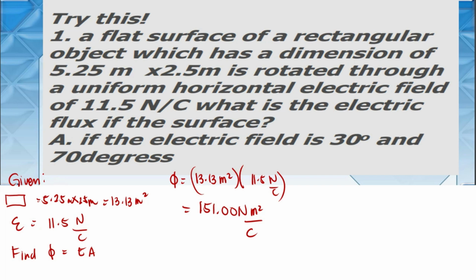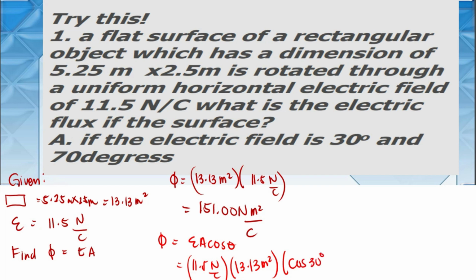Next, what will be our electric flux at 30 degrees? So electric flux is equal to EA cosine theta. Substitute, we have 11.5 newtons per coulomb times 13.13 meters squared times cosine 30 degrees.